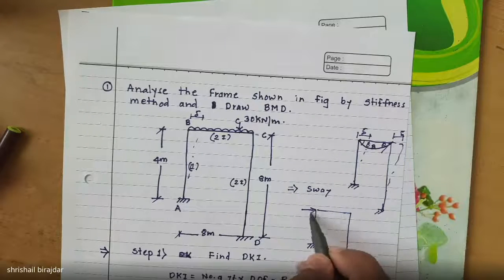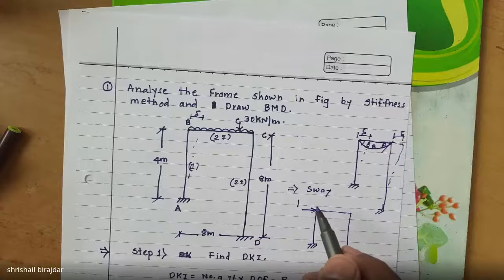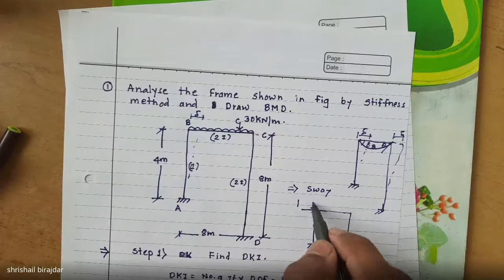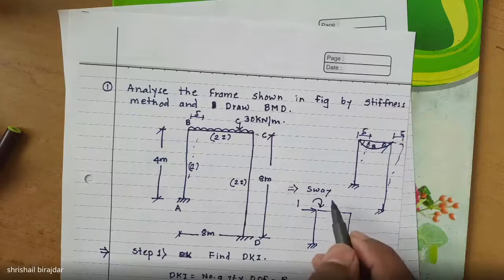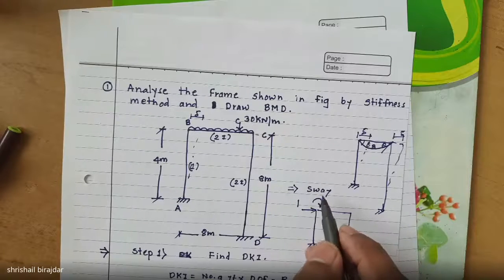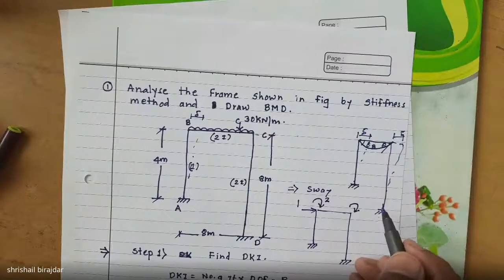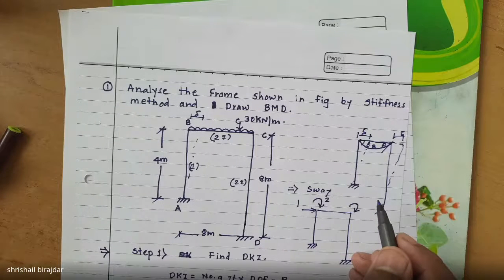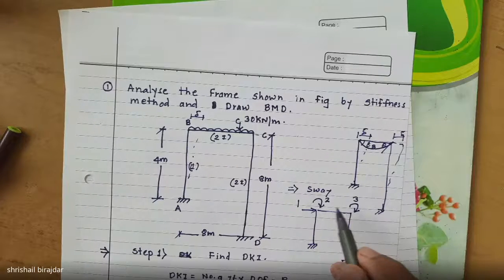This is coordinate 1. The translation we are adding here to get the displacement. If you want a slope at this particular location, theta B, you are supposed to add a rotation here. This is the constraint 2, and we have to add one more coordinate here, and that particular coordinate is nothing but coordinate 3.